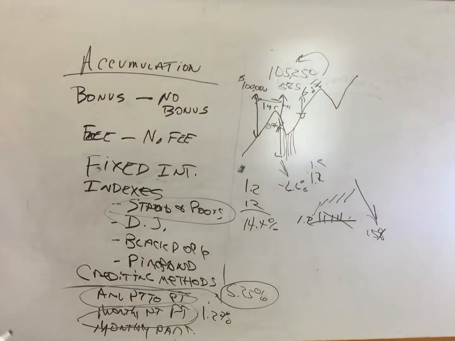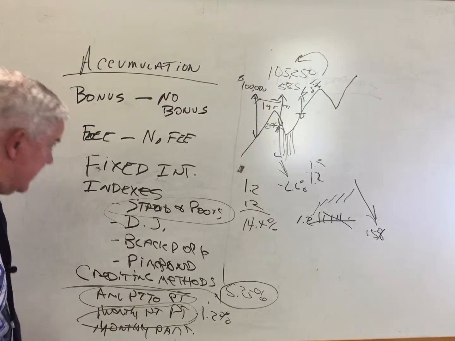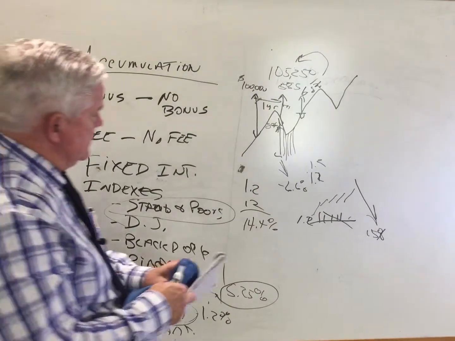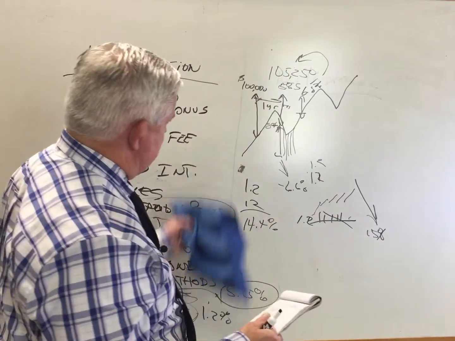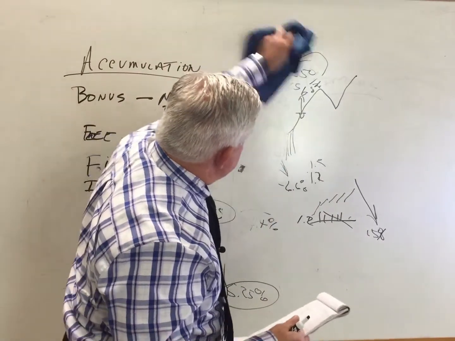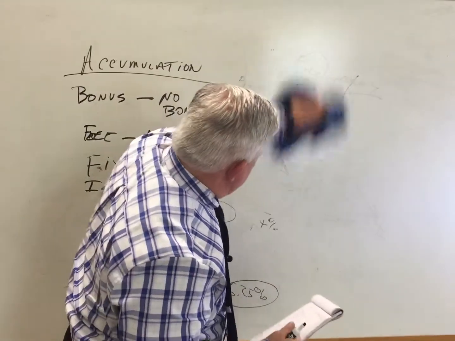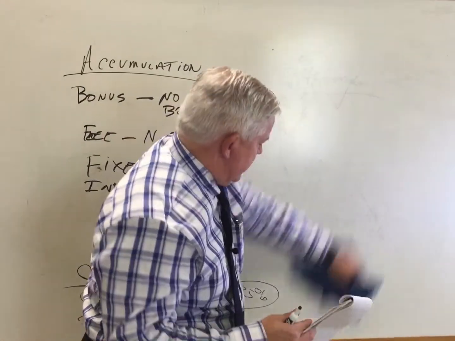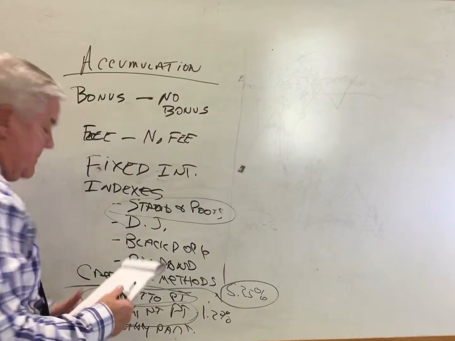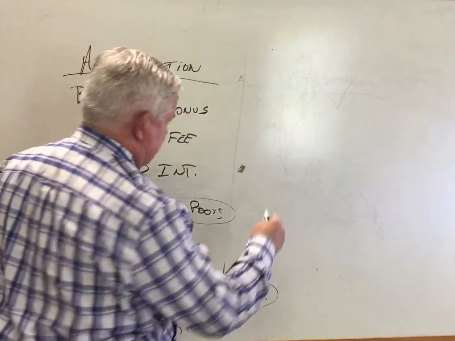And so what happens is how the actual annuity looks. These are different crediting methods right here, but how the actual annuity looks is like this. We're going to go into this later because this is going to be more of an in-home client presentation.